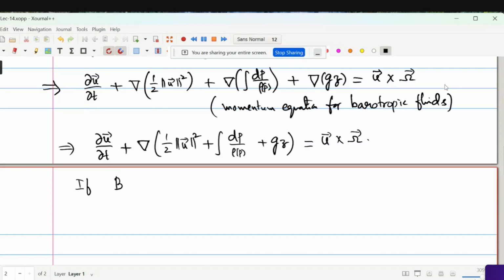Let's call it capital B of x, y, z and t, or simply B of x, t.